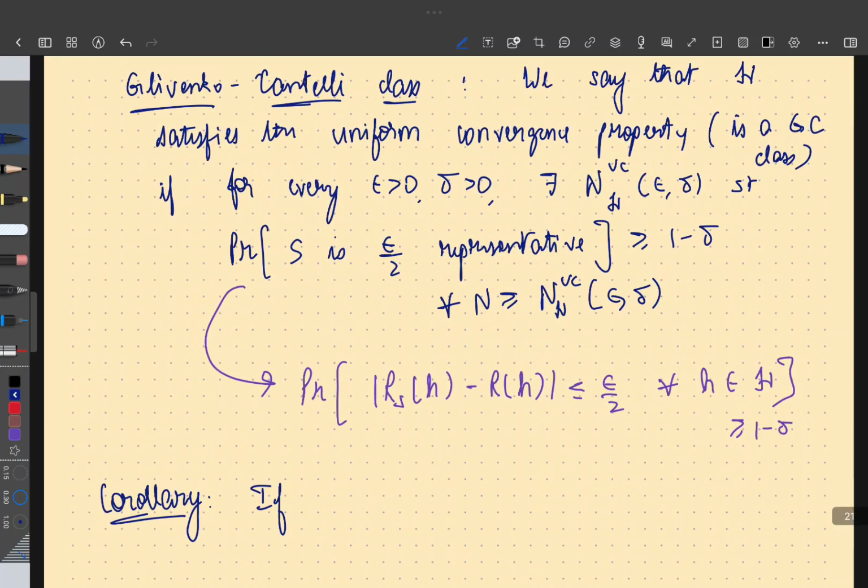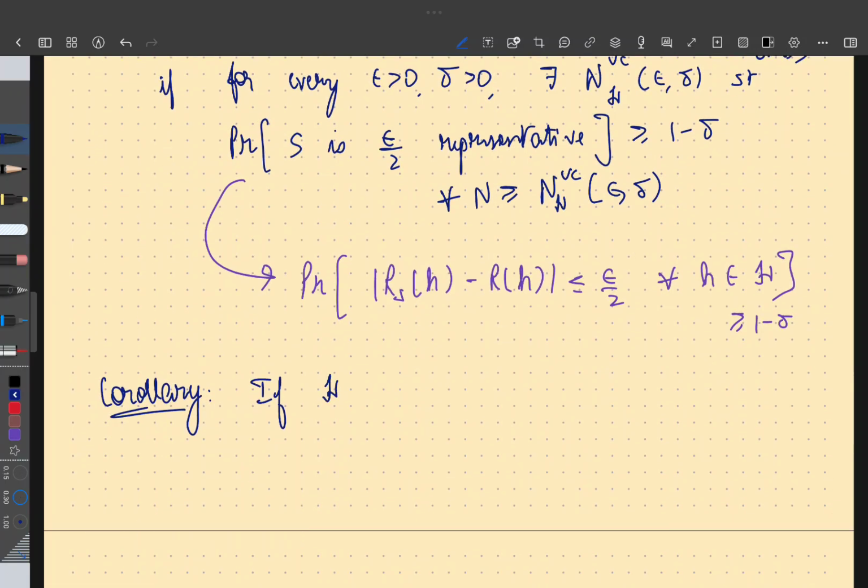So if the hypothesis class is a Glivenko-Cantelli class, or it satisfies the uniform convergence property, then ERM is going to find the right solution with probability at least 1 minus delta. So if H is a Glivenko-Cantelli class, or satisfies the uniform convergence property, then ERM is a PAC learner.